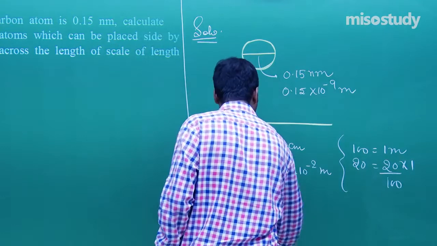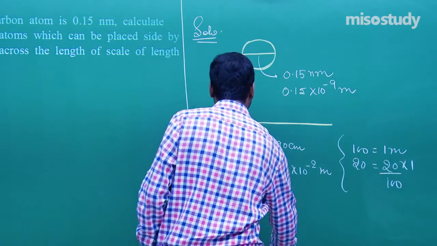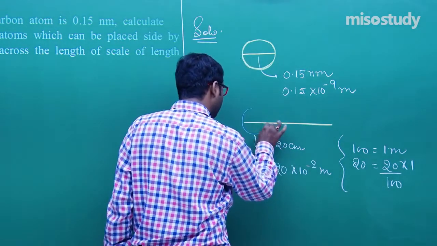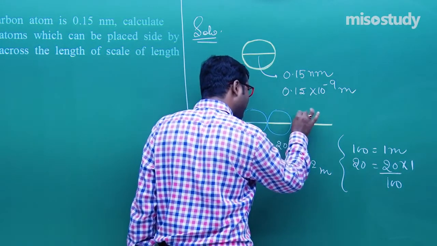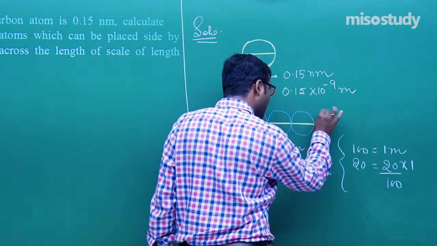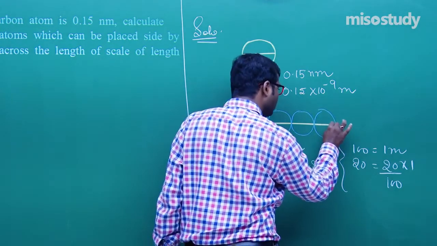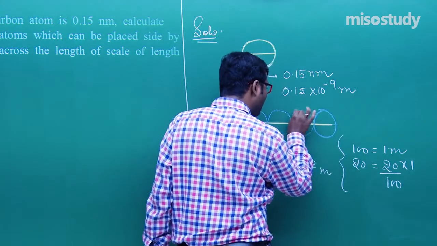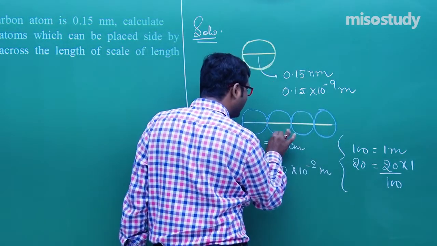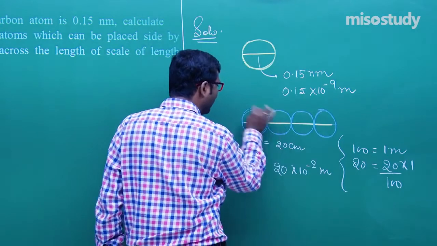Now you have to place these side by side. This one first, this one is second, this one is third, this one is fourth, and so on. We do not know the exact figure, so we have to find the value of n, that is the number of carbon atoms, like this.